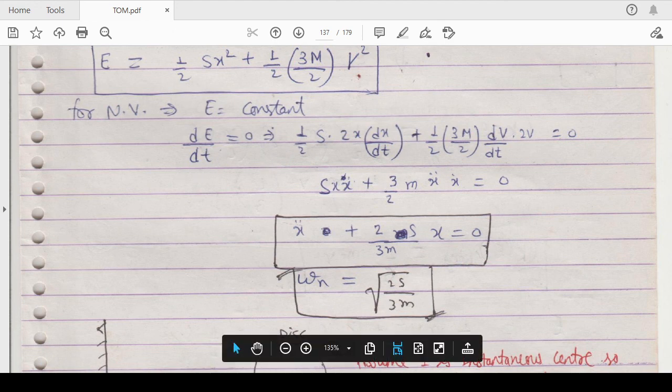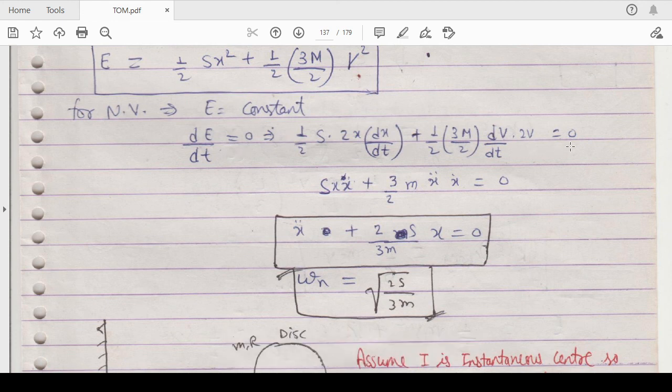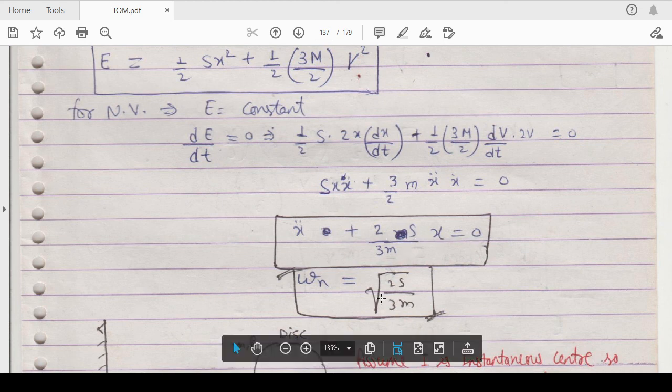Then you can also calculate the value of your angular or natural frequency by differentiating this equation with respect to t equal to 0. Then you will get the equation x double dot plus 2 by 3m into s into x is equal to 0, meaning the s by m term should be there, and only then you will get the value of angular frequency, which is omega n equal to root of 2s by 3m.